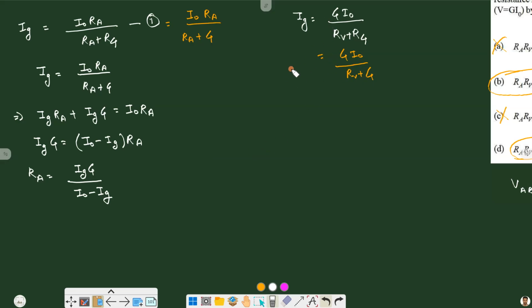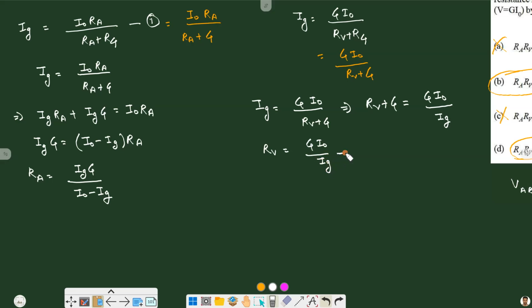Now for Rv, Ig is equal to G I node by Rv plus G. From this, Rv plus G is equal to G I node by Ig, and Rv comes out to be G I node by Ig minus G, and this can be further written as G common, I node minus Ig by Ig. Now we can divide both of these two equations, this one and this one.